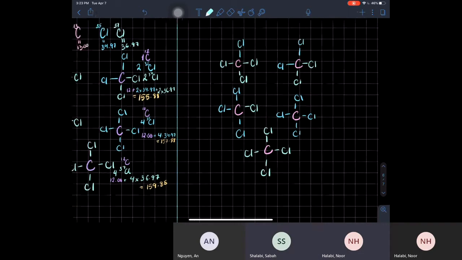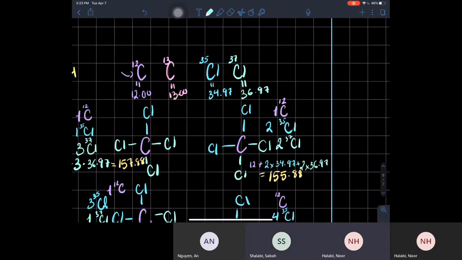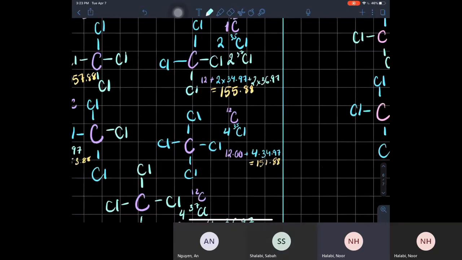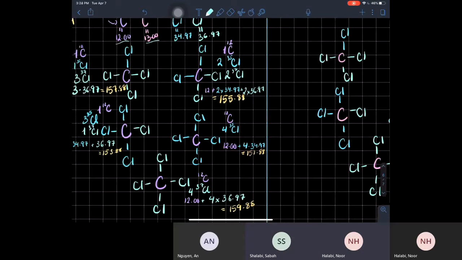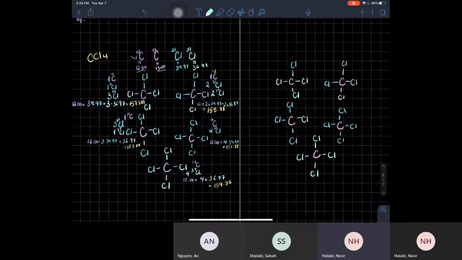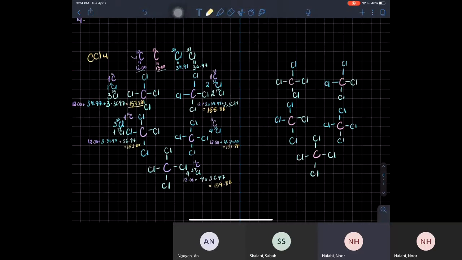For carbon 13, the difference is that carbon 12 is 12 and carbon 13 is 13. So it's going to be the same numbers for all of them, except you just add one.